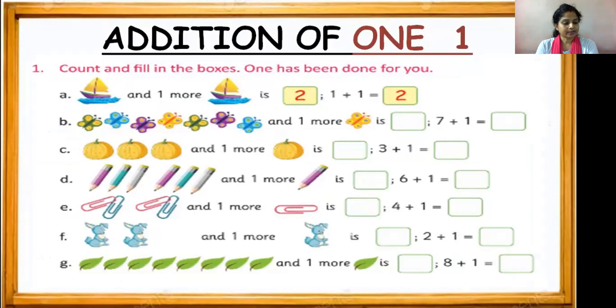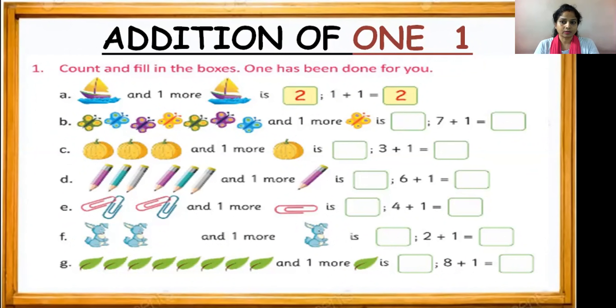Again, we have one exercise on page 35 of our Math Express. On page 35. This is again addition of 1. You can add with the help of fingers also, but as I taught you, whenever you are adding 1, it means you are talking about the next number.